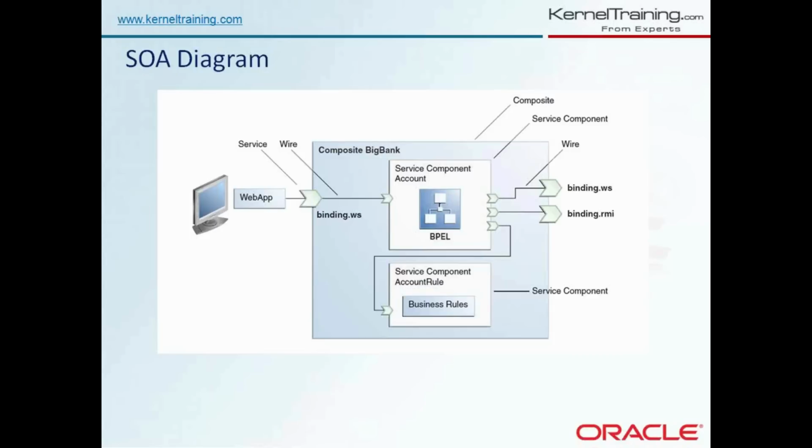Now, what will happen in the diagram, you will be able to understand here. From the web app, your data is going to the service component. Whatever comes after this binding, and after that the wire part, that is the external world. So SOA is connecting through wires your web application to the external world.